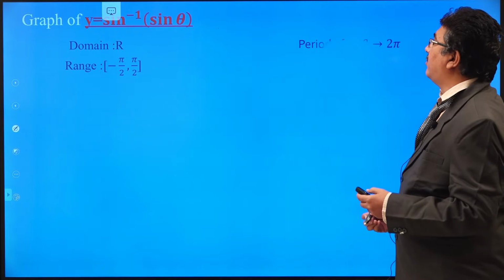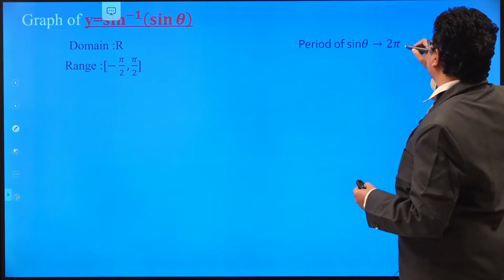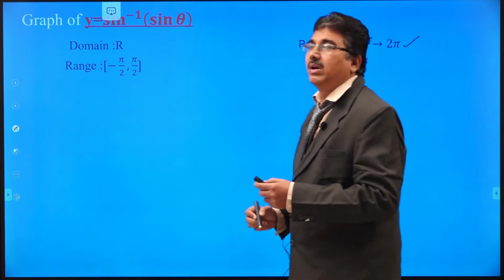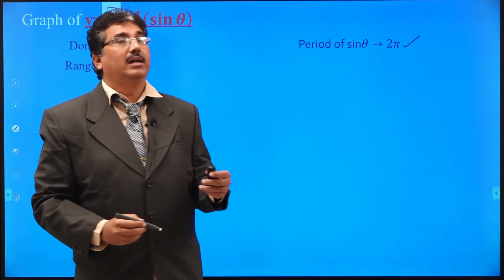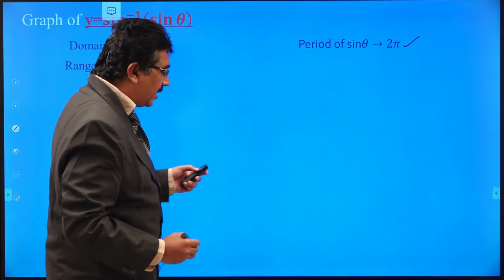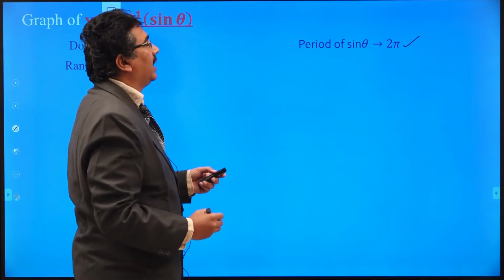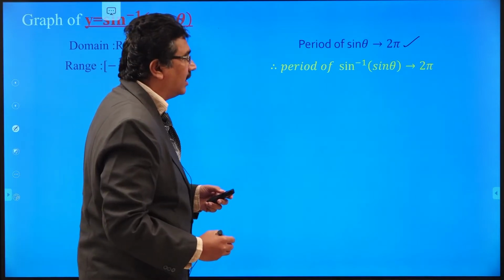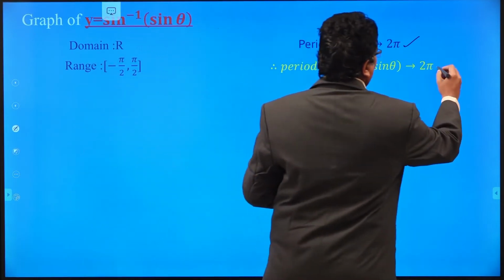The period of sine theta is 2 pi. What is the period of sine inverse of sine theta? The period of sine inverse of sine theta is also 2 pi.